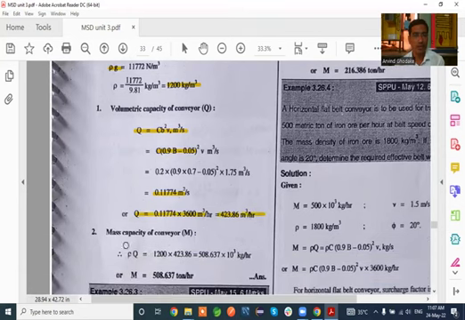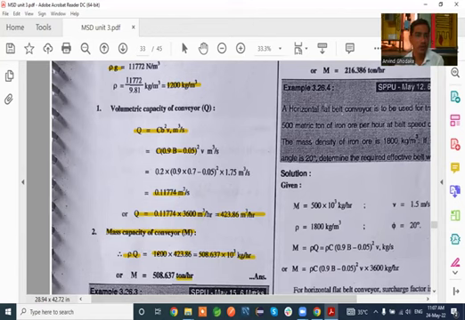Next is the mass capacity of the material. Mass capacity of the material is calculated by using the formula M is equal to rho into Q. Therefore, rho is 1200 and our volumetric capacity is 423.86. Therefore, the mass capacity of the conveyor is 508.637 into 10 raised to 3 kg per hour. So we are going to divide by 1000 so that kg per hour can be converted into tons per hour.